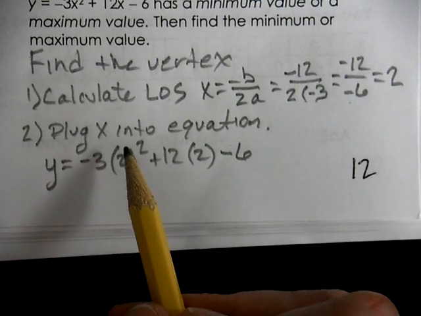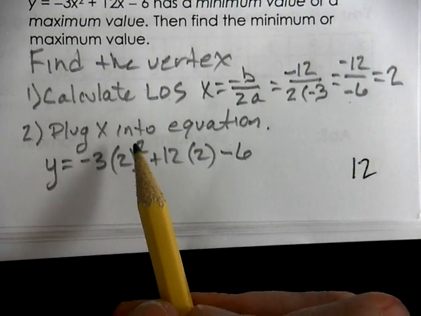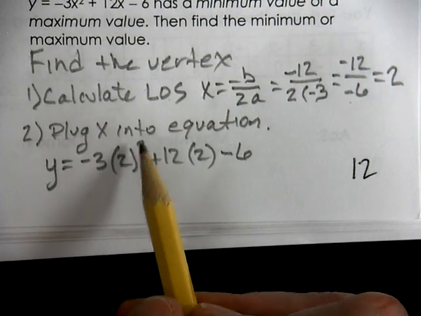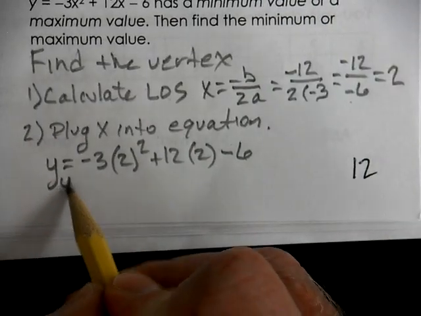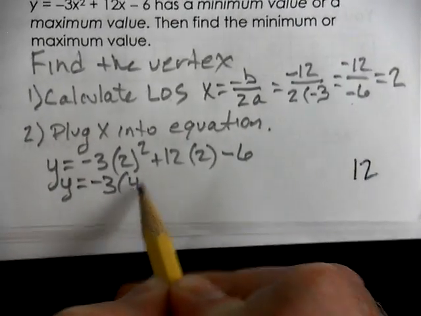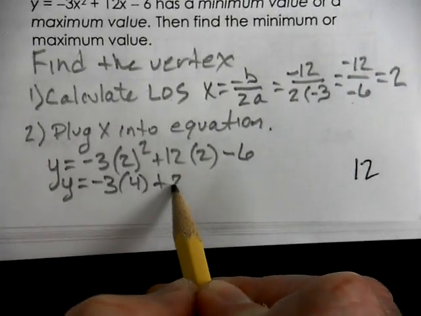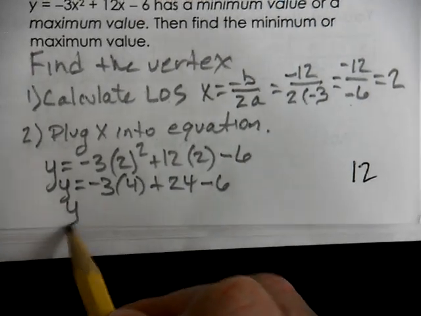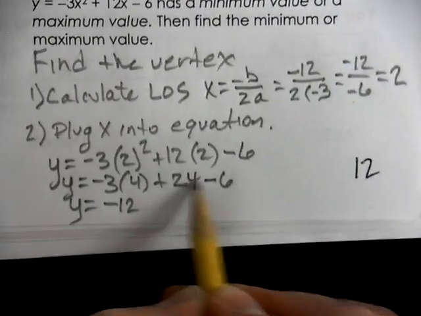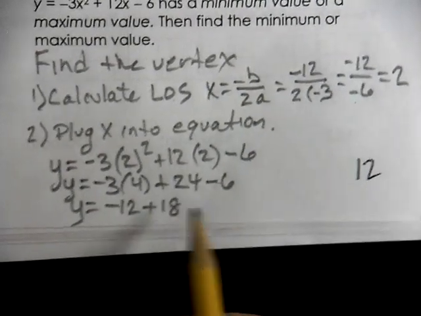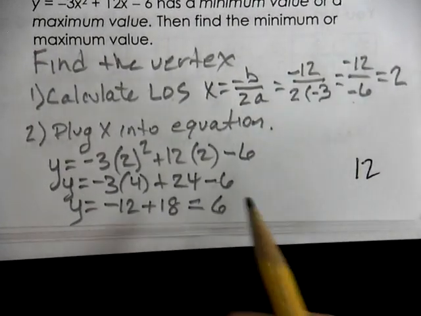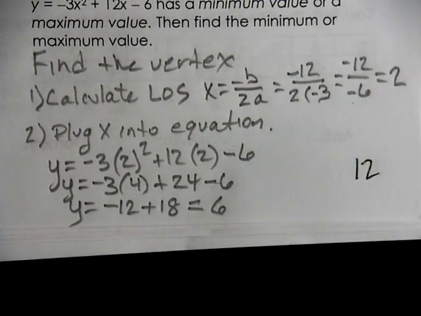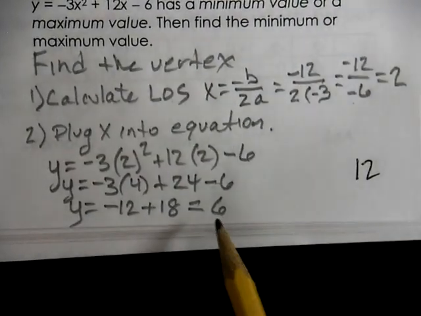This is not 6 squared. You have to use the exponent first. You have to square the 2, then multiply that by the negative 3. So this becomes negative 3 times 4, which is negative 12, and this becomes 24, and you still have the minus 6. Negative 12 plus 24 minus 6 comes out to be 6. Either way you look at it, that's going to come out to be 6.